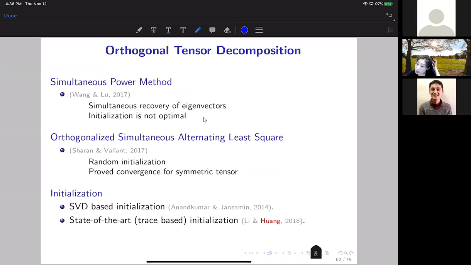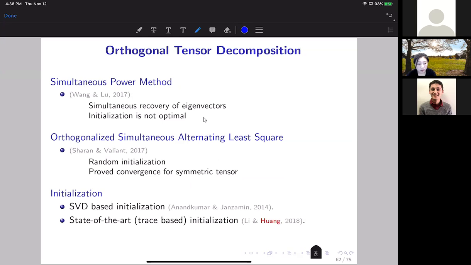And this simultaneous power method actually allows you to recover the component with the largest eigenvalue, which is very important for the tensor decomposition algorithm, because you do care about the larger components rather than the smaller components, right? And we know that the initialization really matters. So this paper has a very nice way of doing initialization to make sure that you recover the largest component.